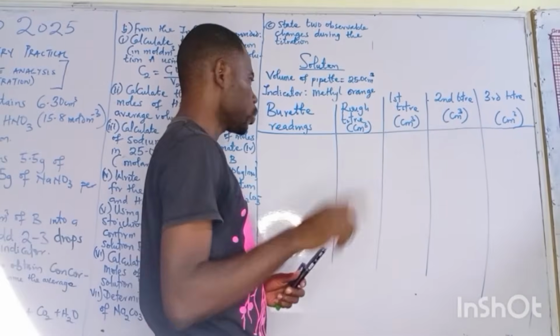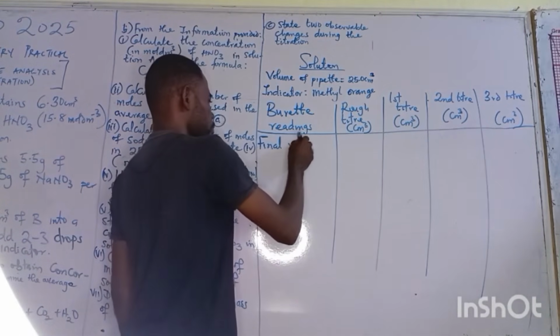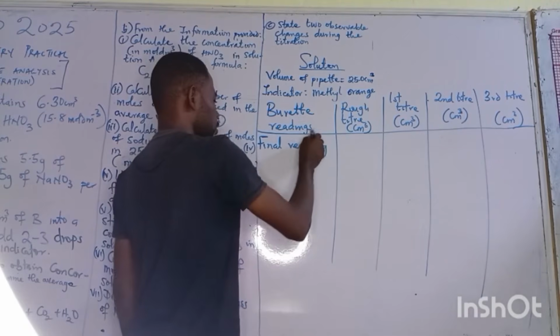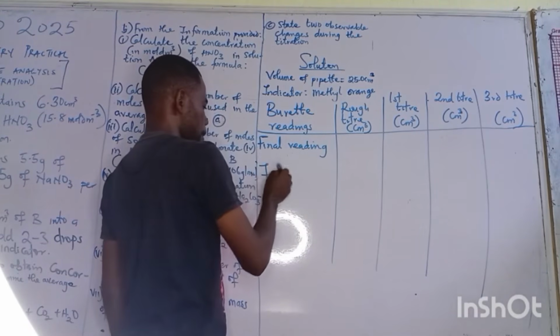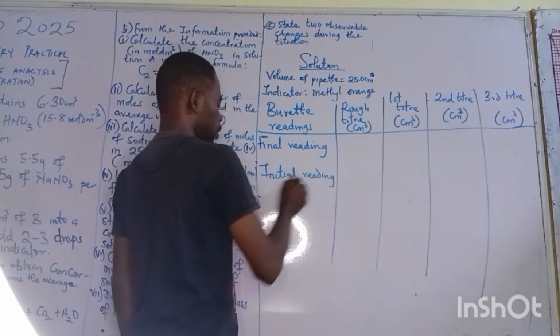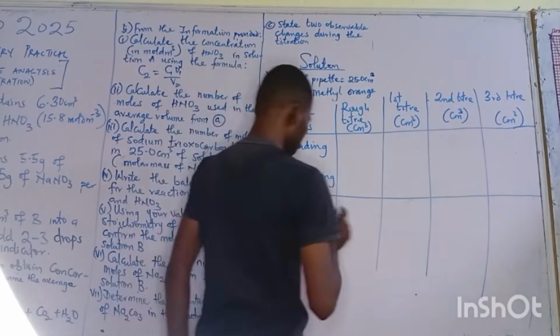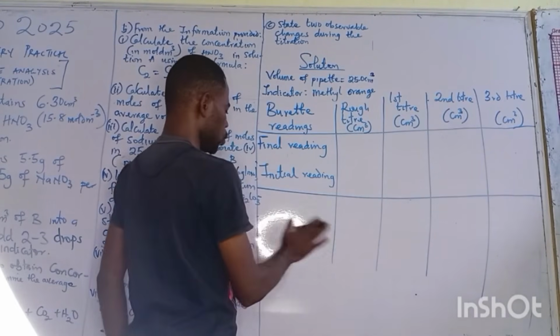So I'm working towards 22.5. So my final reading, initial reading, and likewise, I will create the place for the volume of the acid used.